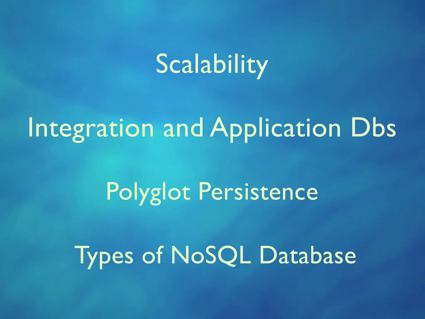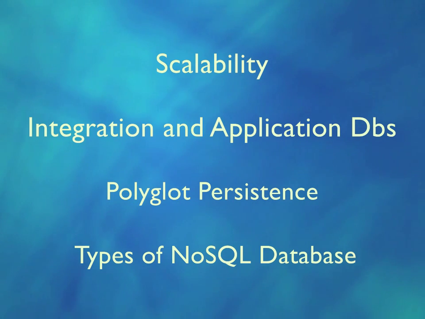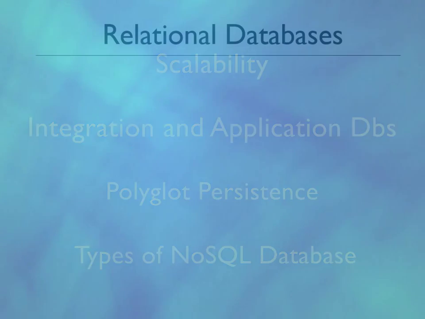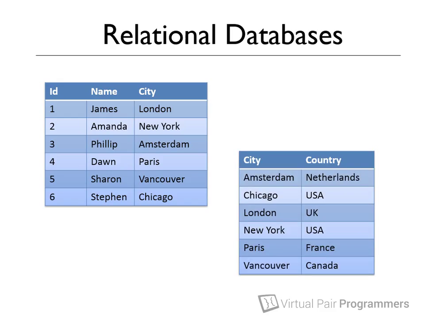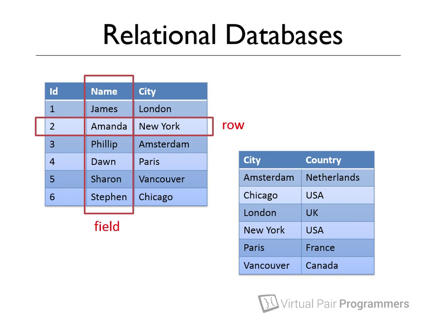As a starting point, we'll look at what relational databases offer. You don't need to know about relational to study this course, so I'll start with a very quick overview of the basics of relational. So, in a relational database, the data is stored in tables. The tables have columns, which are effectively fields, and every record is stored as a row in the table.